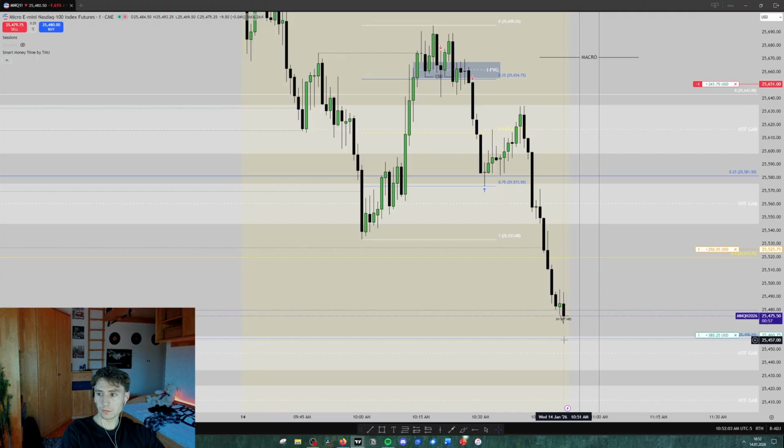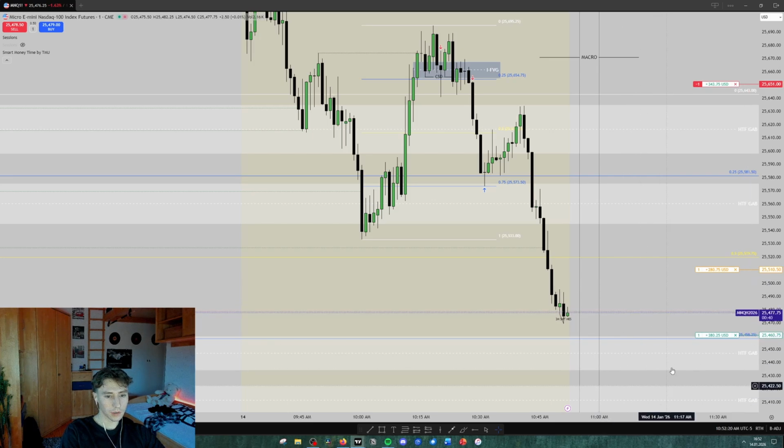And we have to be cautious. Also SMT is in play here. I think I will now lower my stop once again. 280 sounds good. Already my target is even below the consequent encroachment level, and with that I'm completely fine.